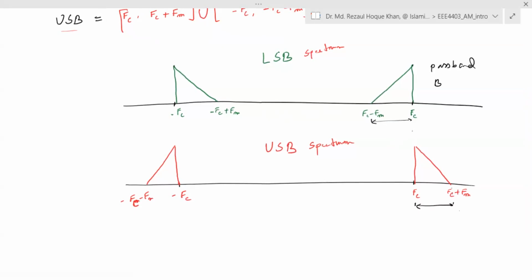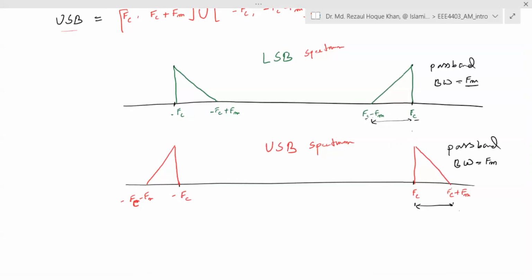Passband bandwidth for LSB is FC minus this one, which is FM. Also for USB, this is also FM.